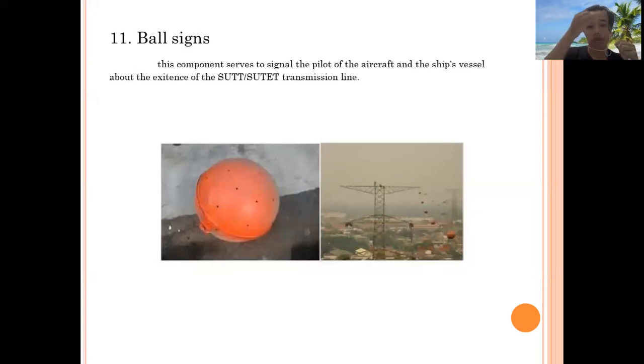This component serves to signal to pilots and aircraft and ships visually about the existence of the high voltage transmission line. This is in the image below, the hardware like this. This component can be seen in the image below, mounted on the conductor like this.